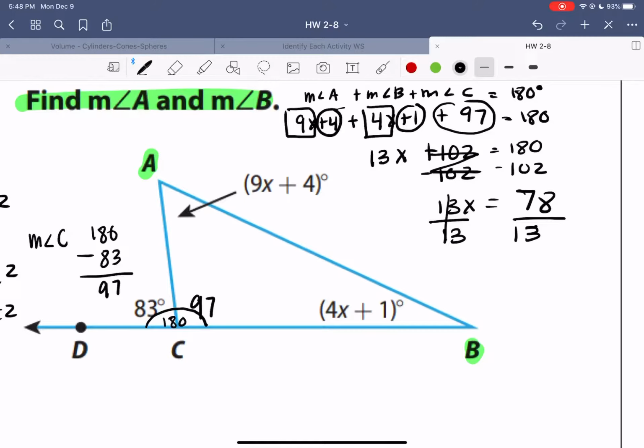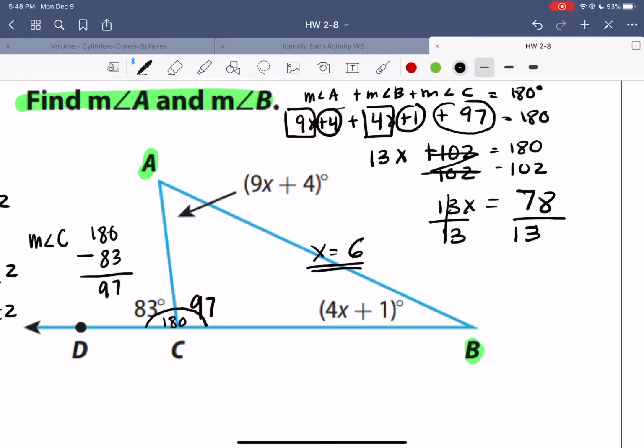This will become 1. 78 divided by 13 is 6. So we then have to take our x and substitute that in for our x here and our x here in order to find what our measures are.